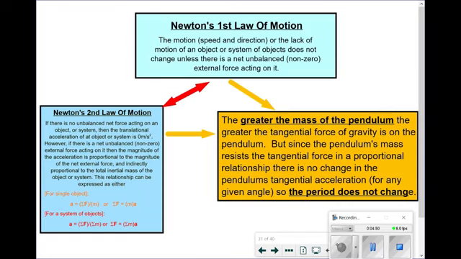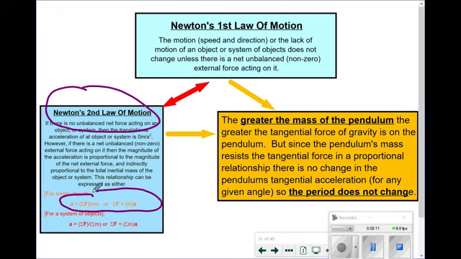So again, just to illustrate this and to stress it, the mass of a pendulum is independent of the acceleration, and the core reasons are Newton's first and second laws of motion. Predominantly, people will view it as the second law of motion because it is the most mathematical representation: the acceleration is equal to the net force on the object divided by its mass, and the net force along the tangent aspect of the pendulum's motion is Fg sine theta.